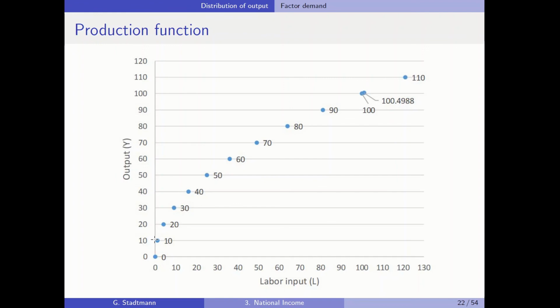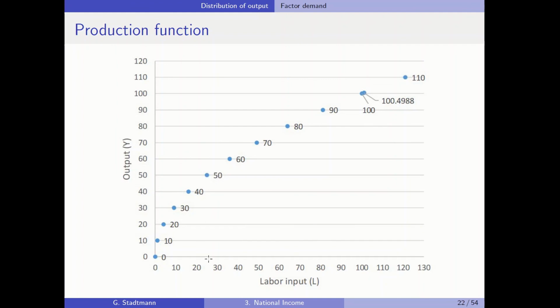So this first dot here is generated in the following way. 1 unit of labor and 100 units of capital leads to an output of 10. When we are using 4 units of labor and 100 units of capital, the output will be equal to 20. When we use 25 units of labor and 100 units of capital, the output will be equal to 50.